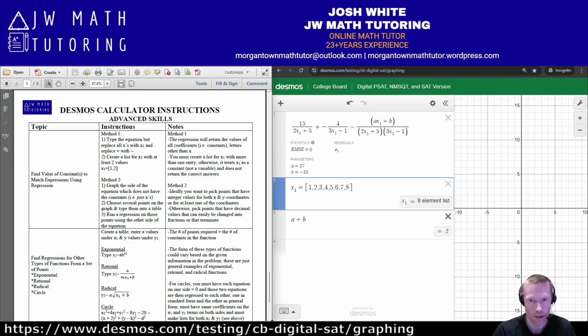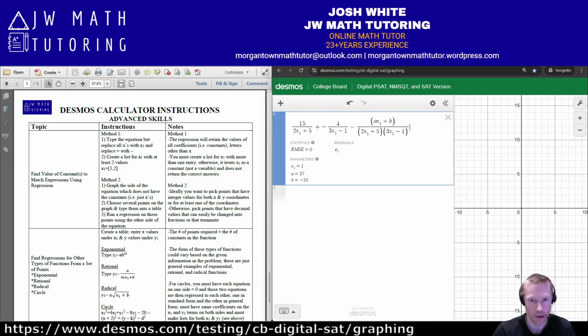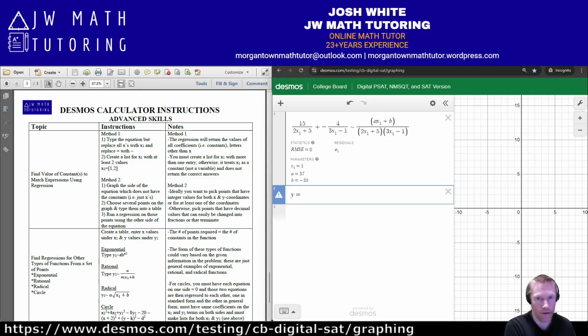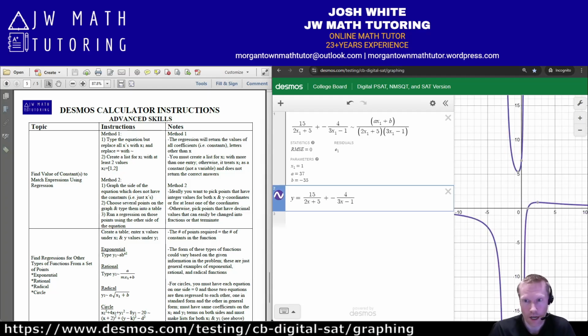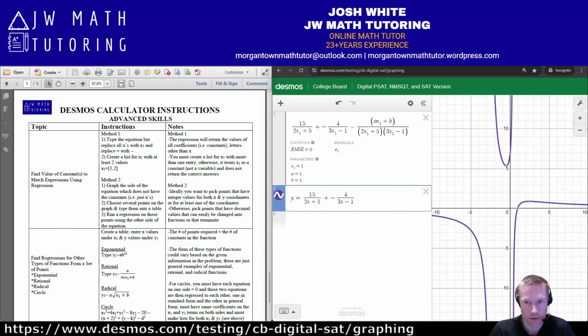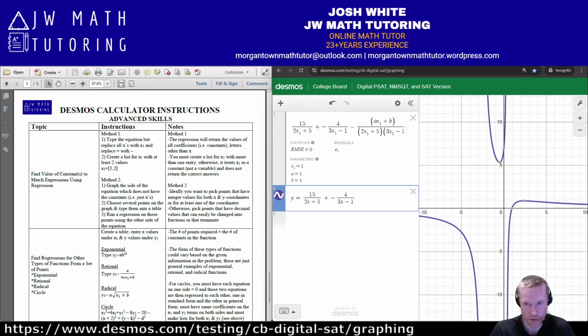All right, so let me just get rid of this for right now. That means I'm going to graph the following. And of course, when we graph, we're just using regular x now, not the x sub 1. Okay, so here I have graphed basically what was on the left side, right?